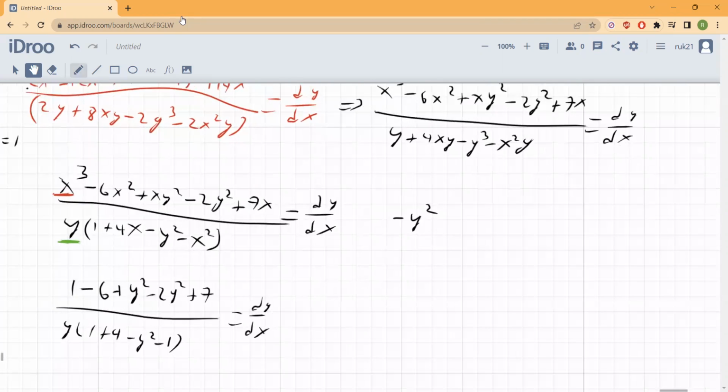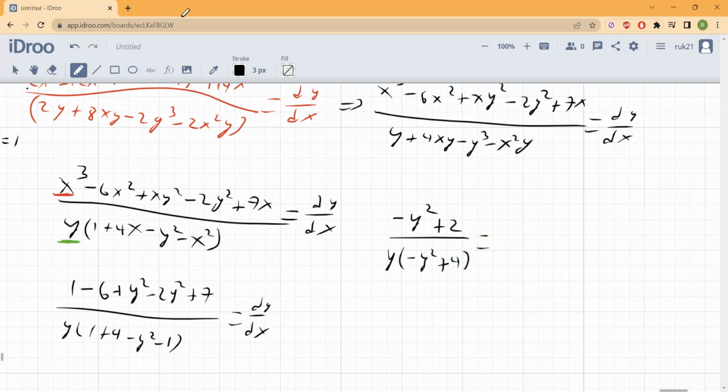Okay, negative y squared, and then plus 7 plus 1 is 8 minus 6 is 2. So negative y squared plus 2 over y times negative y squared plus 4 equals dy/dx. Cool.